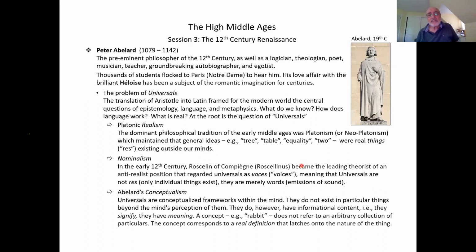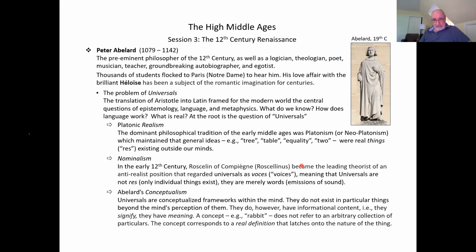The dominant philosophical tradition of the early Middle Ages was based on Plato. It was Platonist or Neoplatonist via St. Augustine, who based a lot of his thought on Plato. And Plato maintained that general ideas, and here's the problem, the modern world sees as a linguistic problem, but it's a philosophical problem of the highest order. It's the first question.